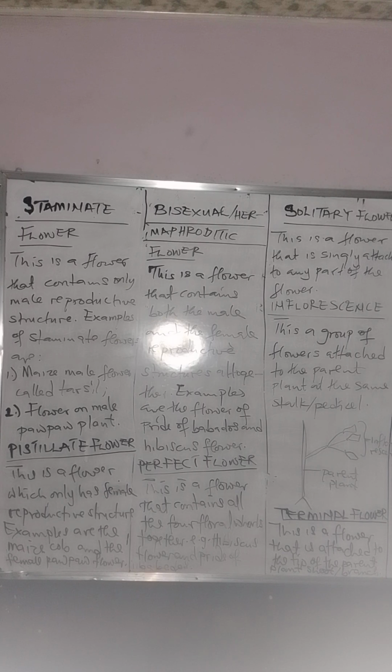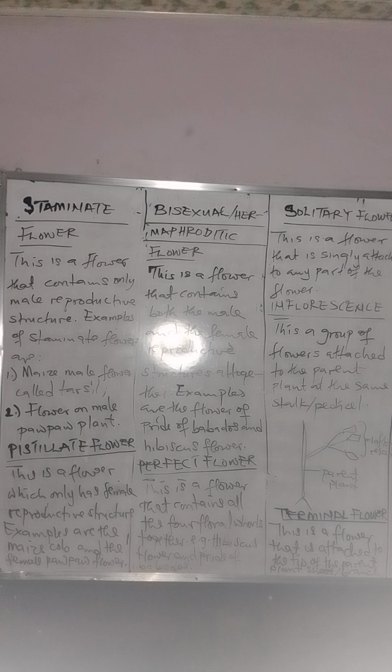But what am I saying is that look at the flower of grasses. We still have complete flowers and incomplete flowers. Now I was saying that perfect flowers are also bisexual flowers, but not all bisexual flowers are perfect flowers.